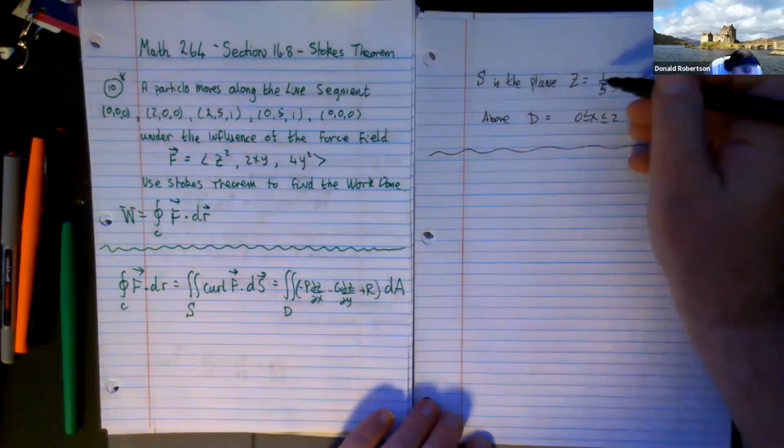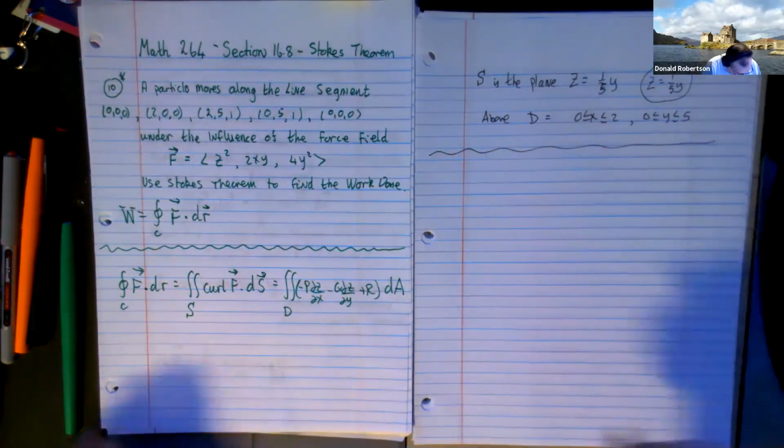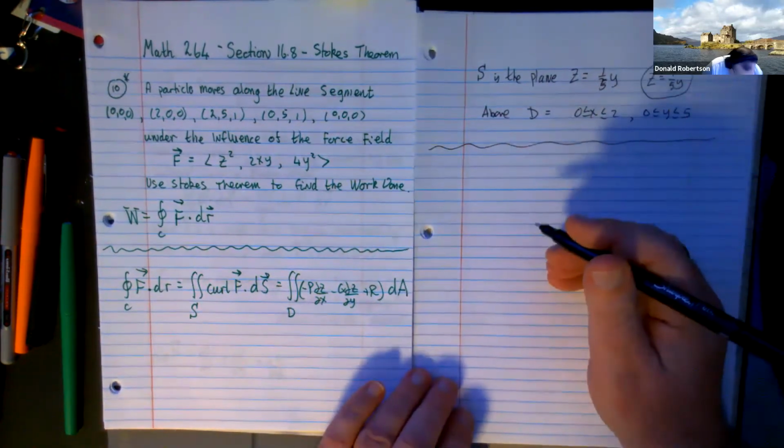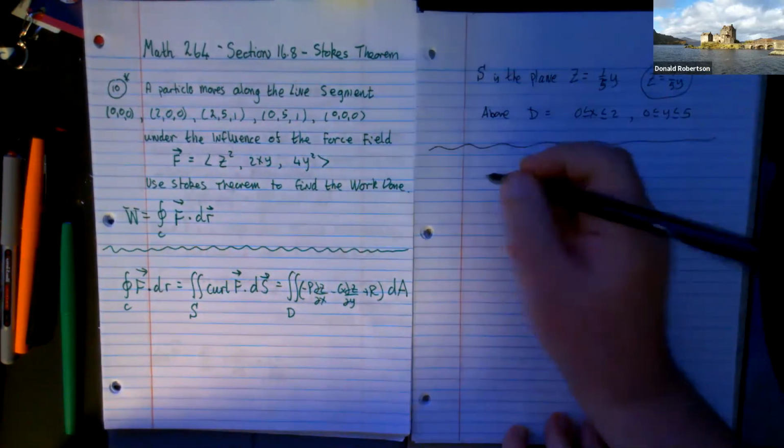So now we've got this guy and now we've got this guy. And basically the question is pretty much set up. I'll do a little bit more and then I'll leave it.